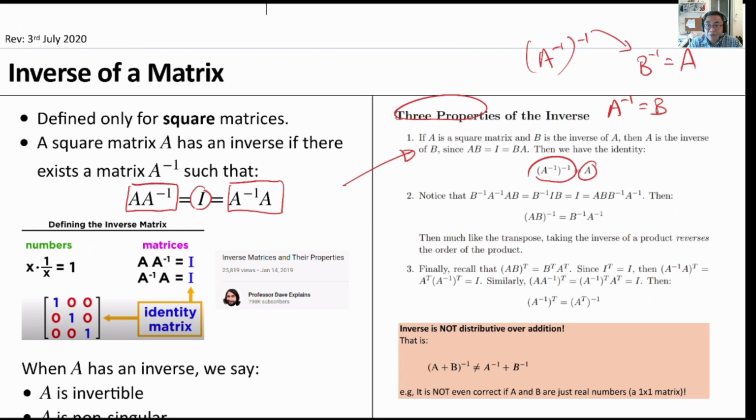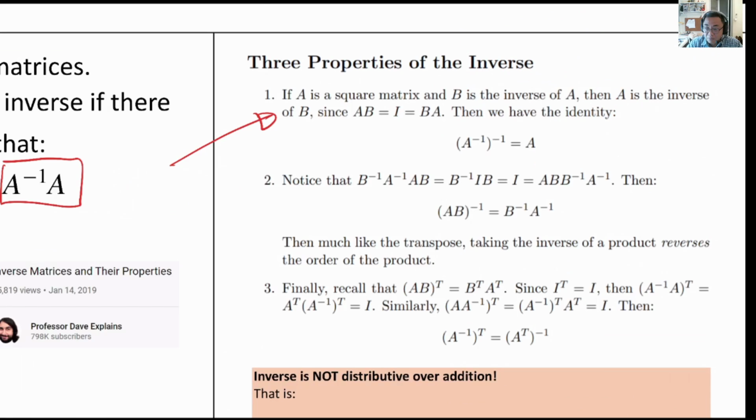So the inverse of A, inverse again, is back to A.